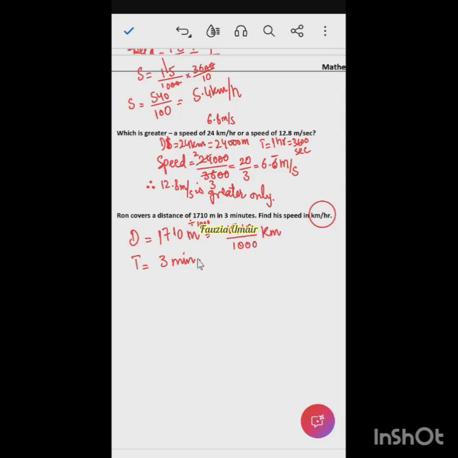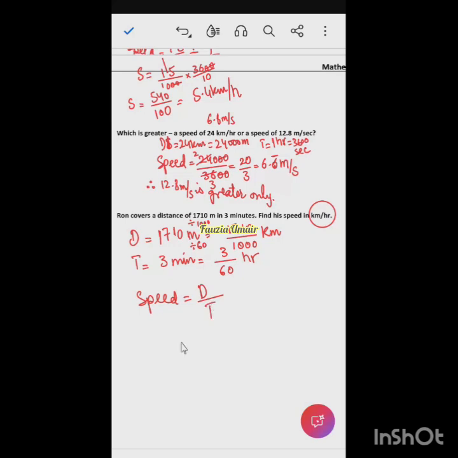3 minutes we are going into hours. So divide by 60 this time, because we have to go to hours, minutes to hours. So it would be 3 by 60 hour. So now I will write down speed is equal to distance by time. The formula is this.